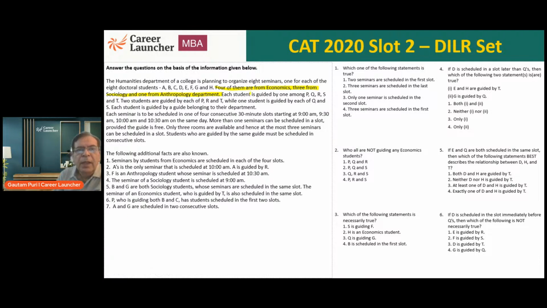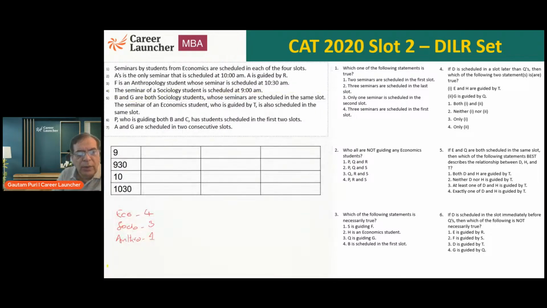Second thing, each student is guided by one amongst PQRST. 2 students are guided by each of P, R, T and 1 student by each of Q and S. So Q and S guide 1 person only. So P, R, and T guide 2 students each, and Q and S 1 student each.